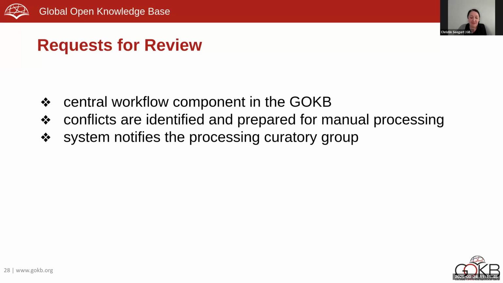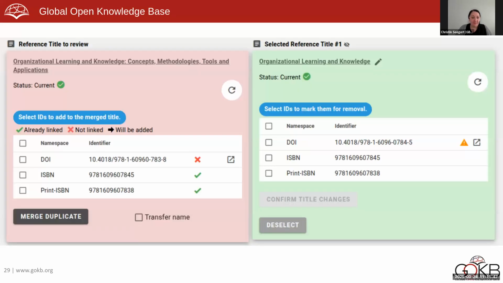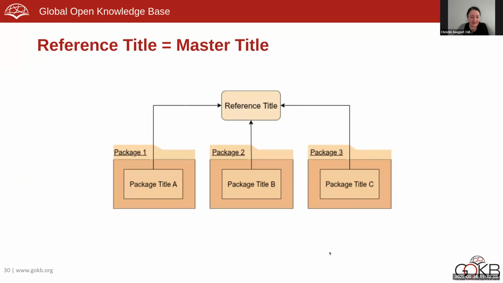So let's take a look at a request for review. You can see a reference title conflict here. On this point, let's make a quick excursion to explain what a reference title is. Next slide. An ebook or e-journal can be offered in several packages.